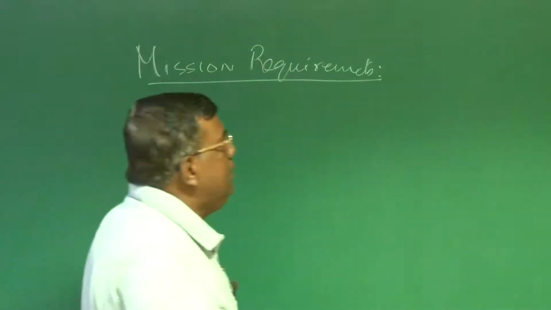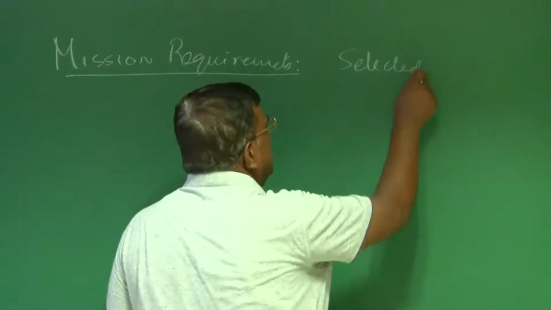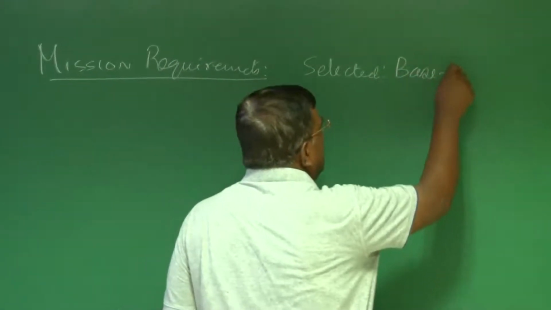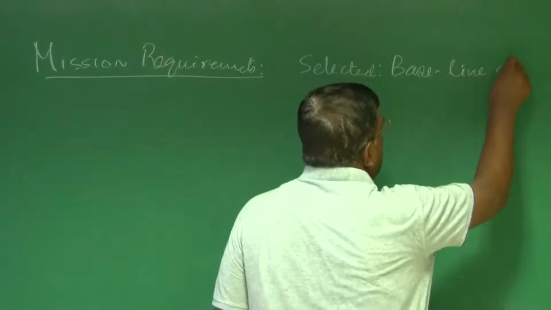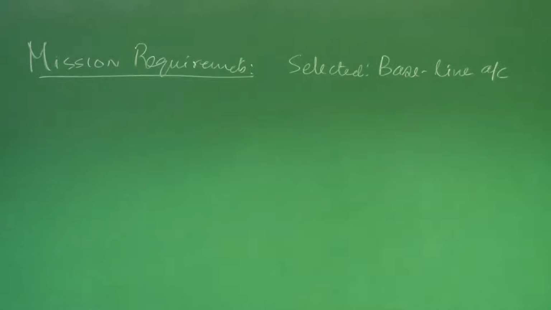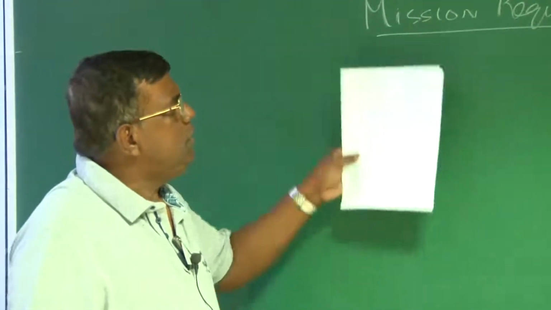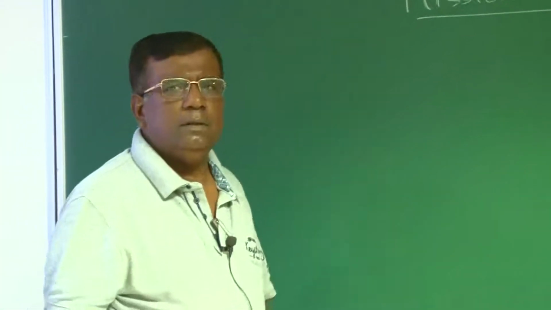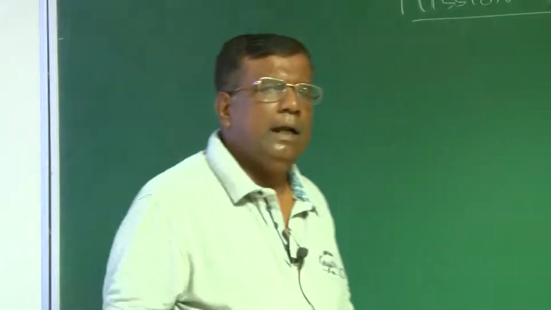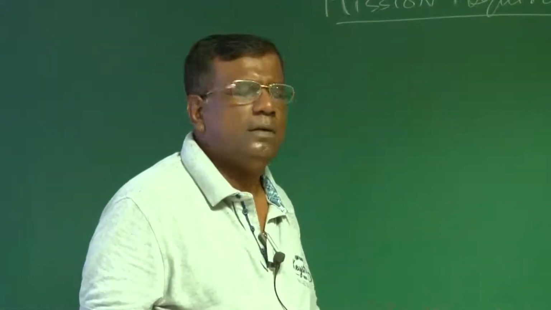And the first thing we did was, we selected, or we should select, a baseline aircraft. That is, see from the history of aircraft available, which aircraft suits your mission requirements, right? So that will become your guideline aircraft, and you can cross-check the dimensions which you are conceptualizing.